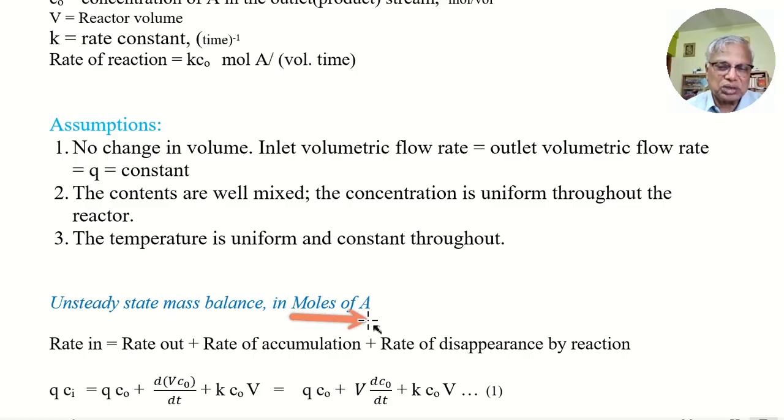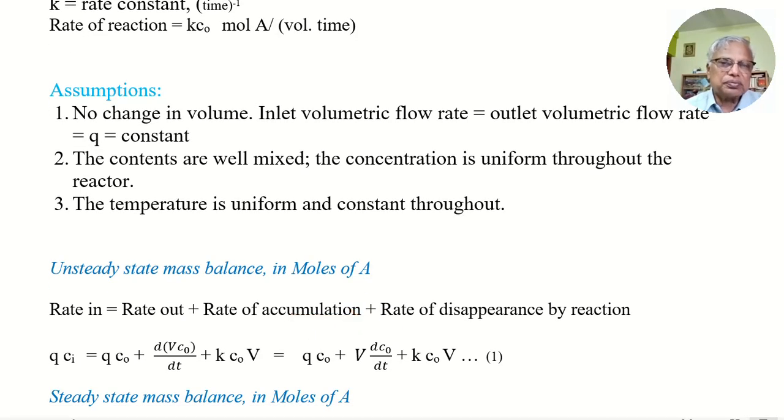The rate of moles of A in is the volumetric flow rate into the concentration, Q into Ci, where Ci is the concentration of component A, the reactant. Same way, out is Q C naught. Accumulation is d by dt of the moles of A within the reactor, that is V into C naught.